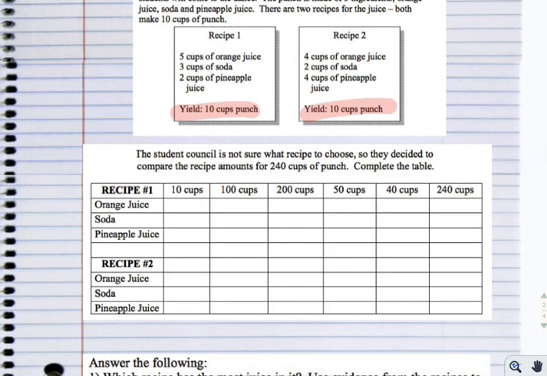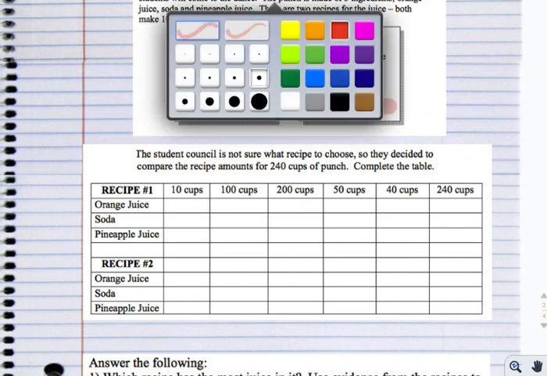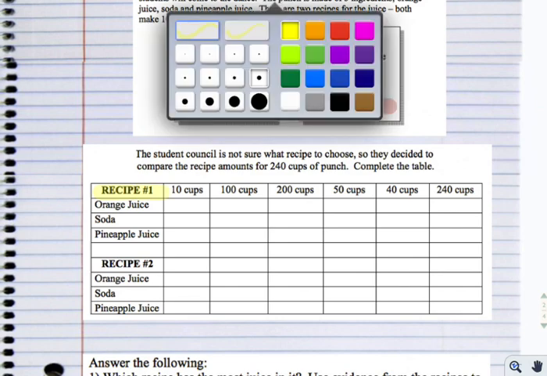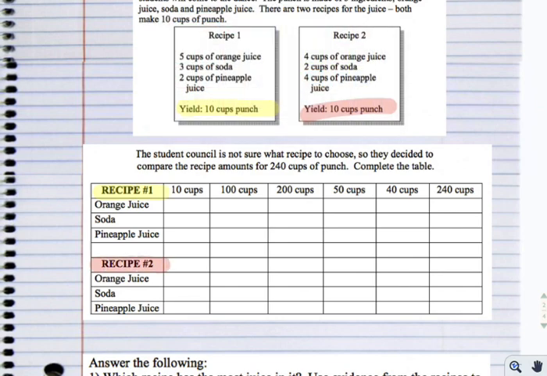It says the student council is not sure which recipe to choose, so they decided to compare the recipe amounts for 240 cups of punch. Complete the table. So we're going to look at recipe number 1, and we're going to compare it to recipe number 2 in terms of how much of each ingredient we need to make a certain amount of recipes.